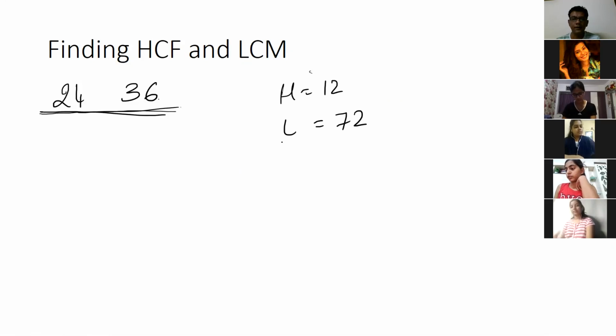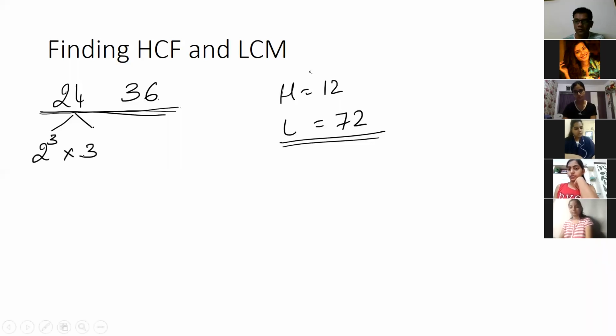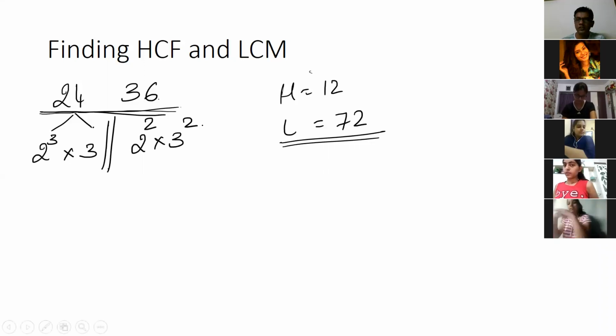Look at these numbers: 24 is made out of three 2s and one 3, whereas 36 is made out of two 2s and two 3s.